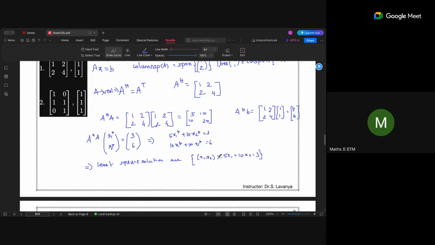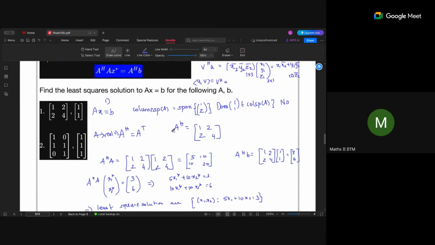All the vectors satisfying this condition are the least square solutions. So how to find the least square solution is very easy. You simply have to find AH, then find AH A and AH B, and solve AH A x equal to AH B. Just solve this equation, and you will get the least square solution.